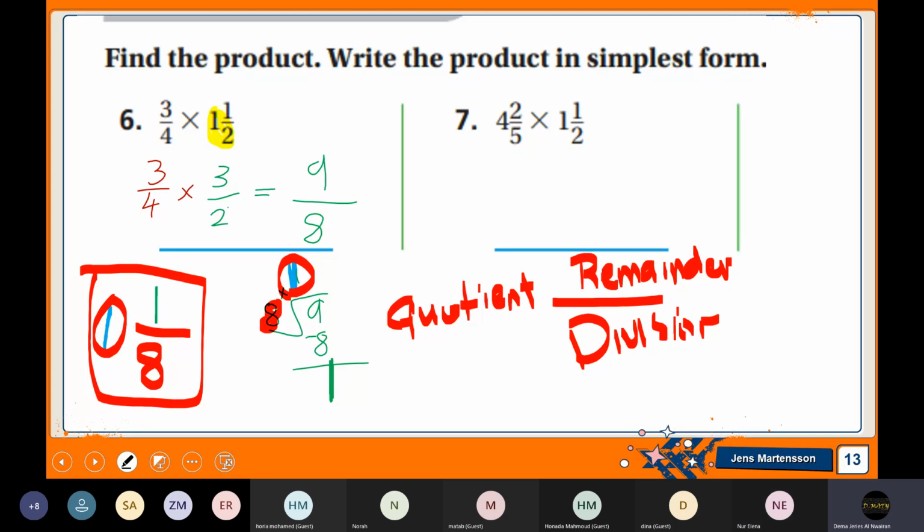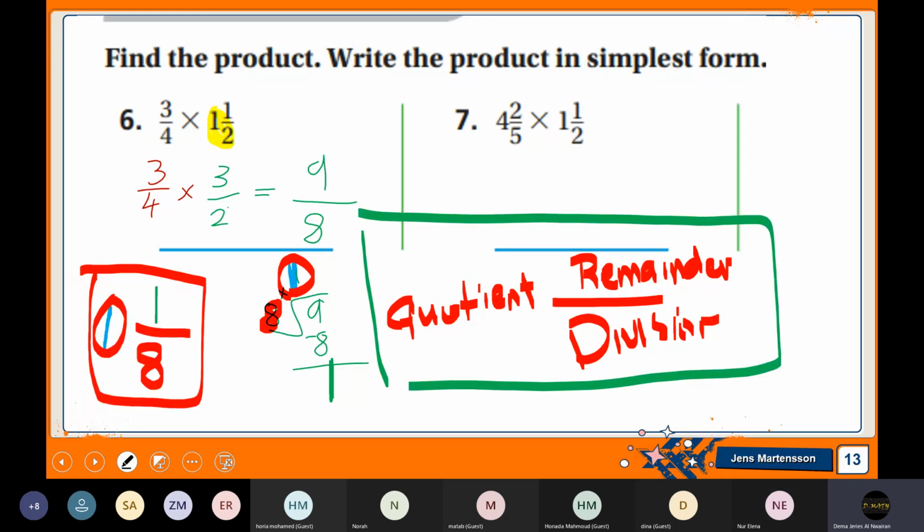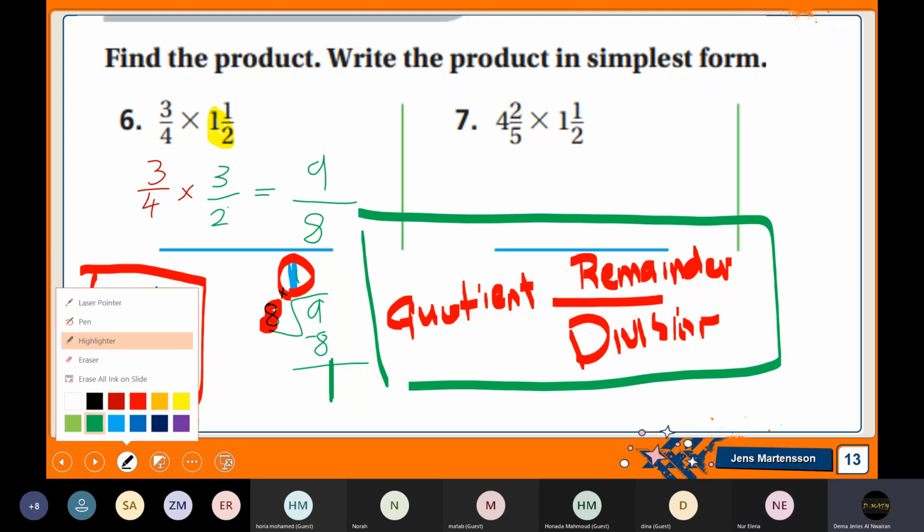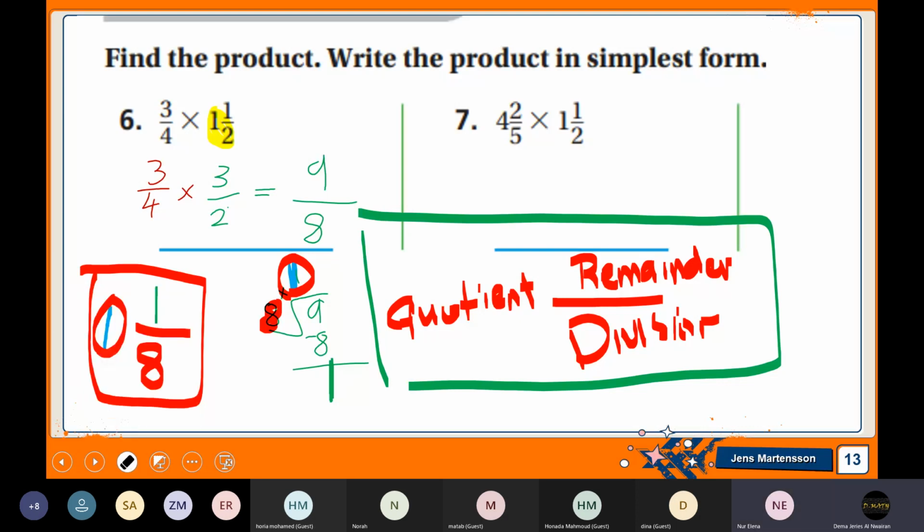You can write this in order to know how to change the fraction into a mixed number. Okay, thank you so much, Noor. Do you have any question? No. Okay. After Noor, now Jude.